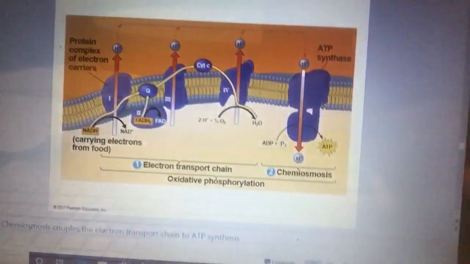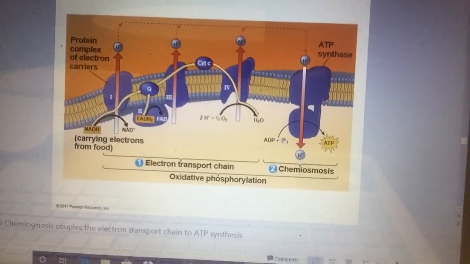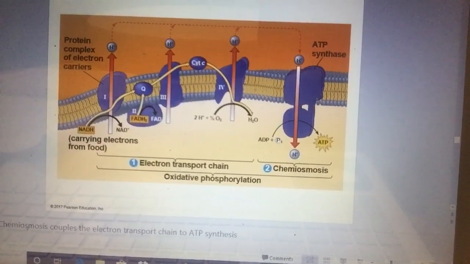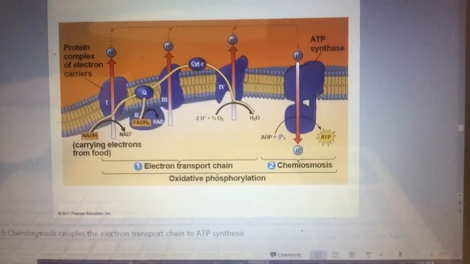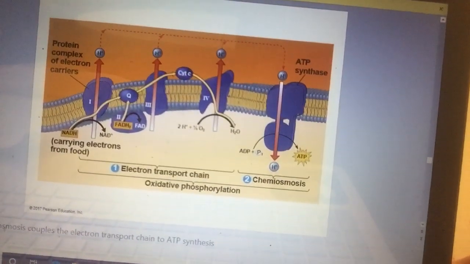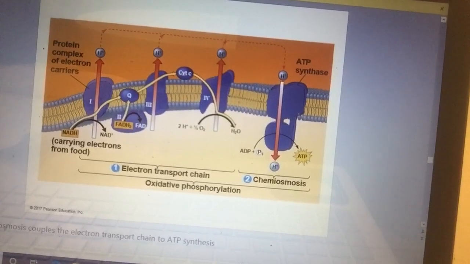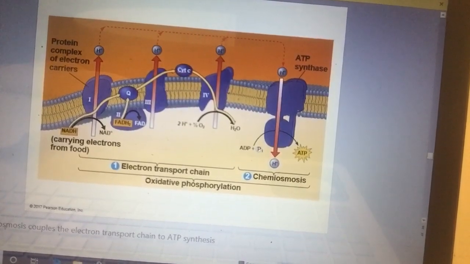So these two things work together in oxidative phosphorylation, and together they create ATP. That's the main function of oxidative phosphorylation, to create energy. And that's it.